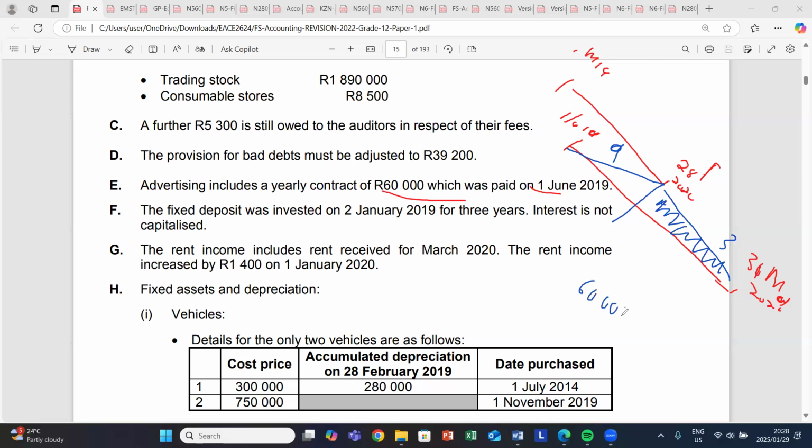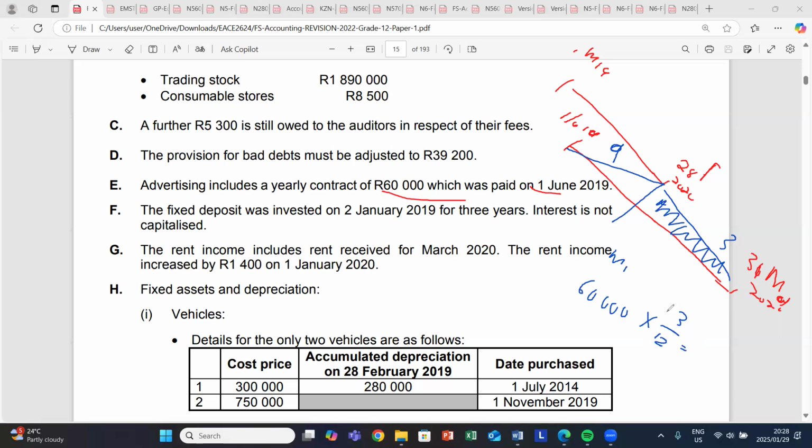You have two methods of calculating it. This is method 1. We can use the formula amount multiplied by what I want over what I have.